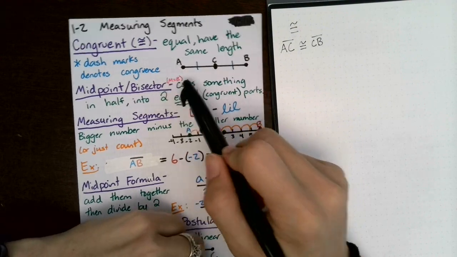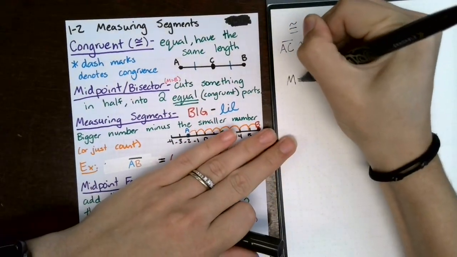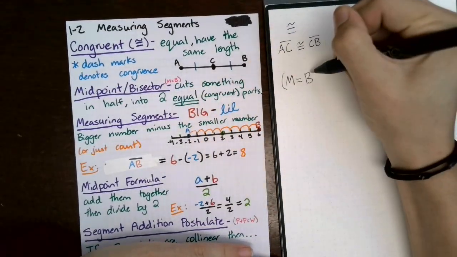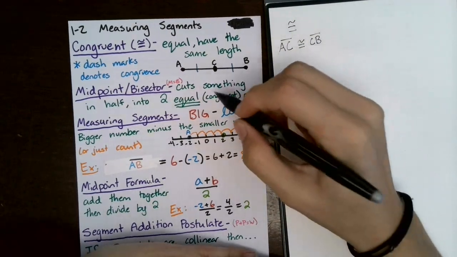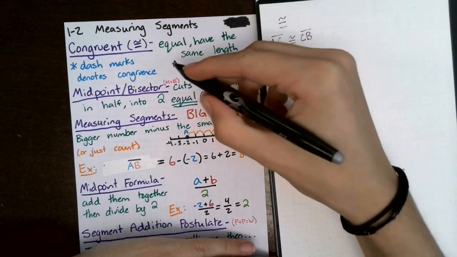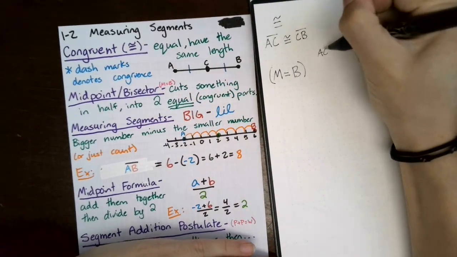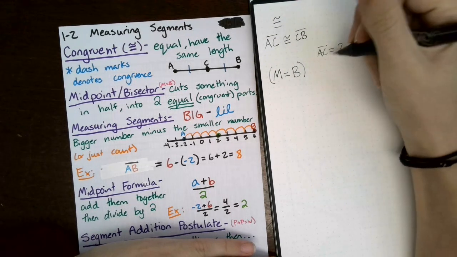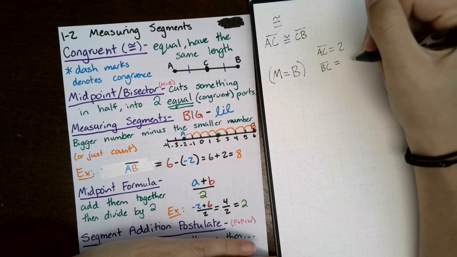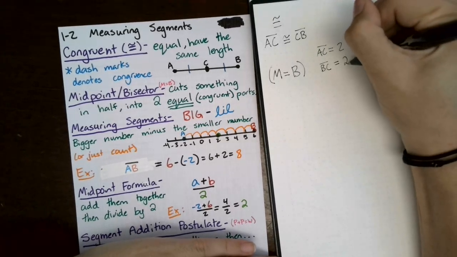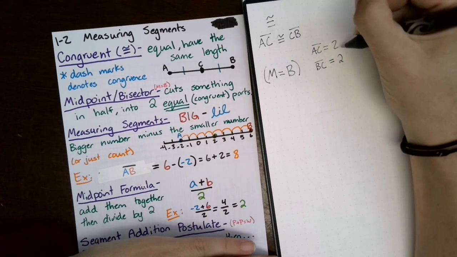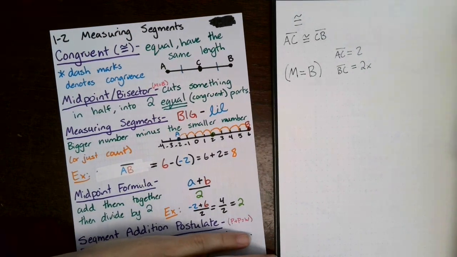And so you see this right here where it says M equals B. This is our first introduction to something we call reasons. Sometimes I put them in parentheses, sometimes I don't. So whenever you're wanting to write an equation for this, let's say AC was 2 and BC was 2x, and we're like, what is x?